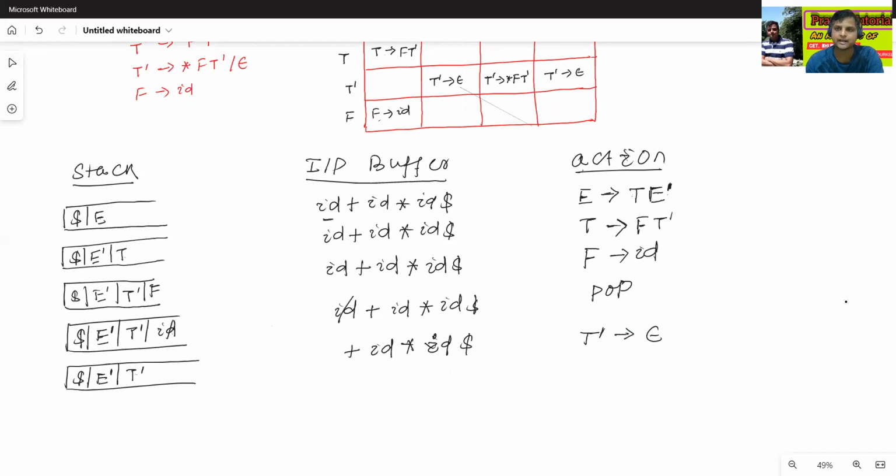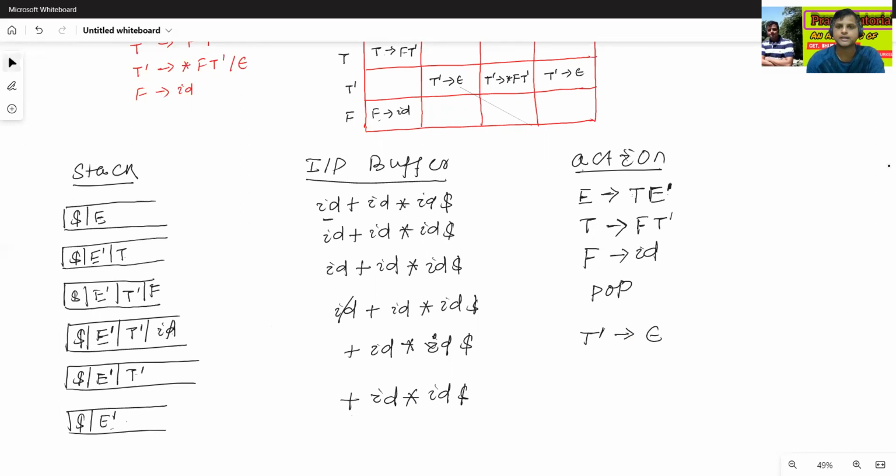When we apply epsilon, T prime is nothing but epsilon. So dollar, then it only contains E prime. Now the input is plus ID star ID dollar.